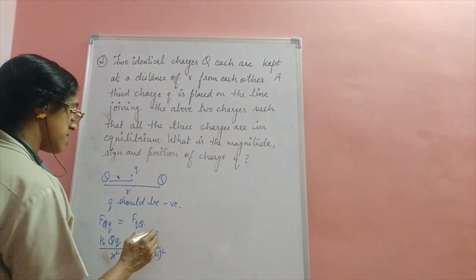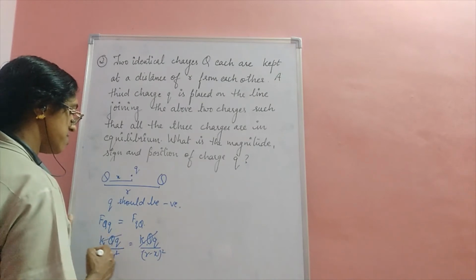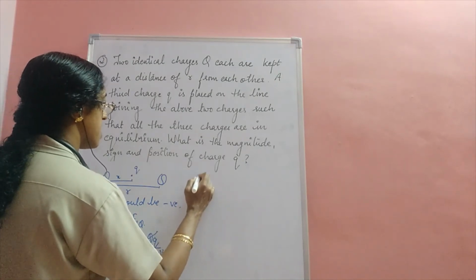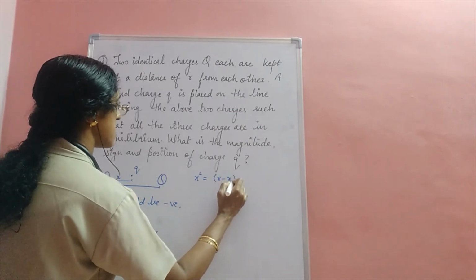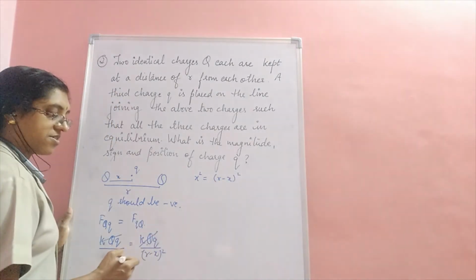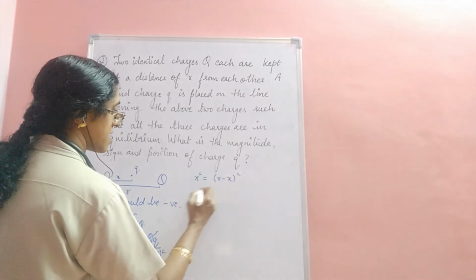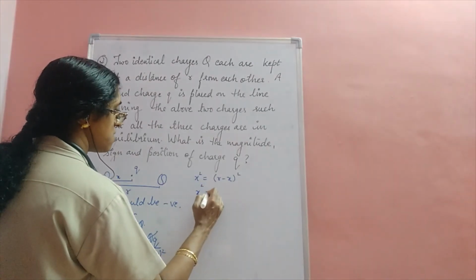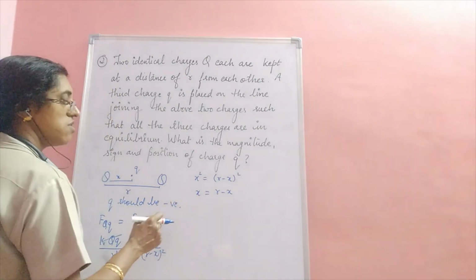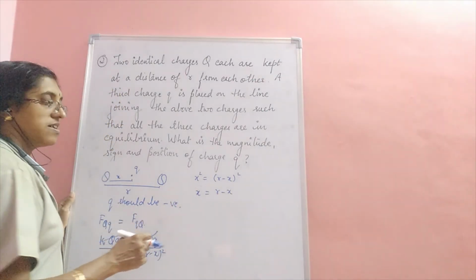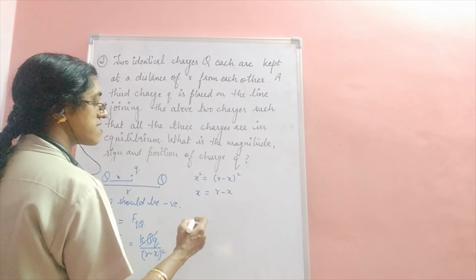Now solving this, as the numerators are equal, we can write that x square should be equal to r minus x the whole square, right? Or I can write that x should be equal to r minus x, that is taking the root of both the sides.